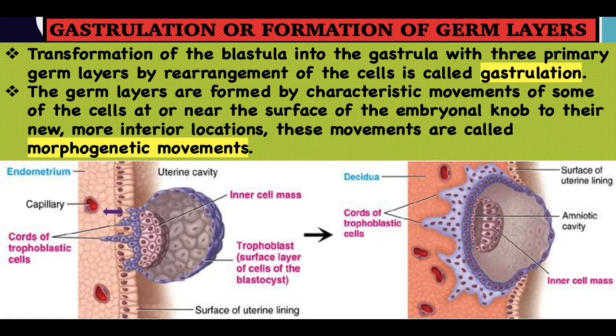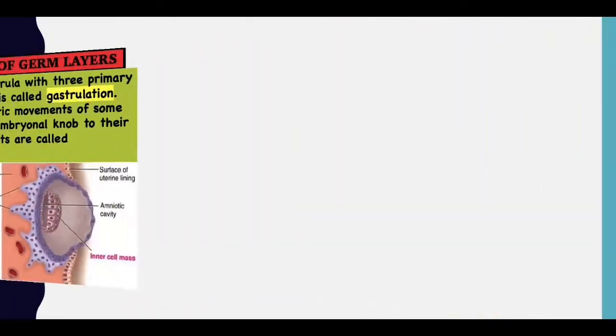The germ layers are formed by the characteristic movements of some of the cells at or near the surface of the embryonal knob to their new, more interior locations, and these movements are called morphogenetic movements. This movement is accompanied by changes in cell shape and changes in cellular adhesion to other cells. So, this is the start of gastrulation.